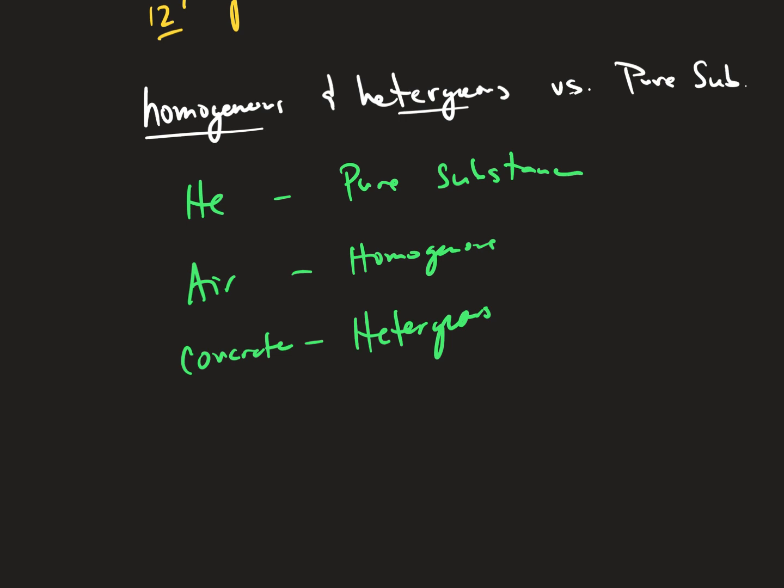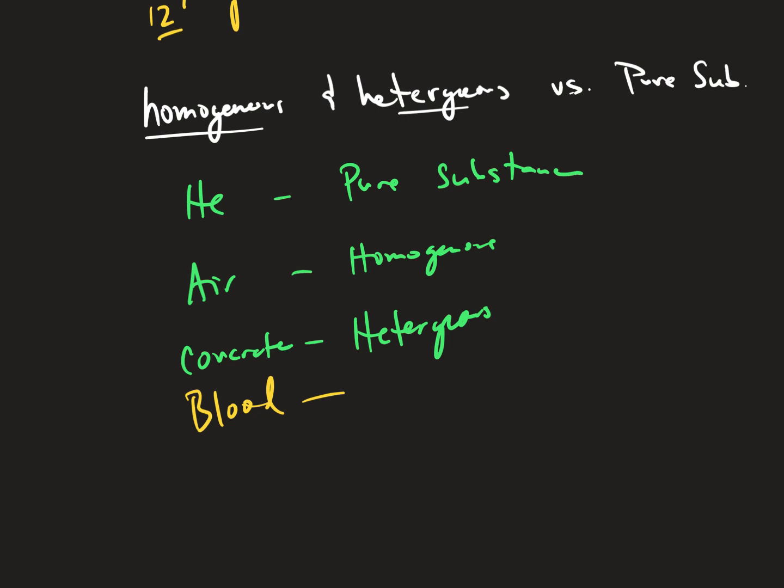What about blood? Oops, I used a different color. What about blood? Looks pretty homogeneous, right? What about raw milk? Oh, it separates.